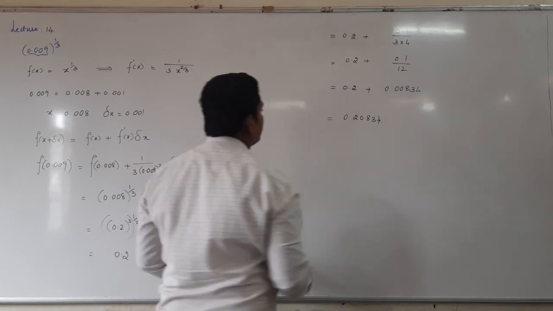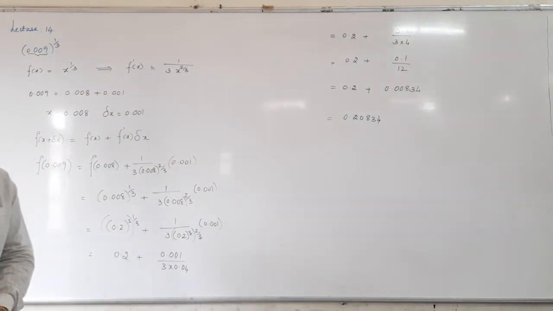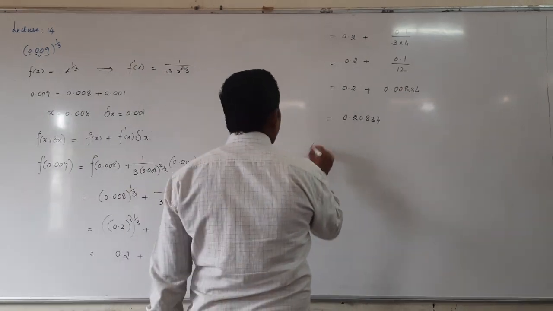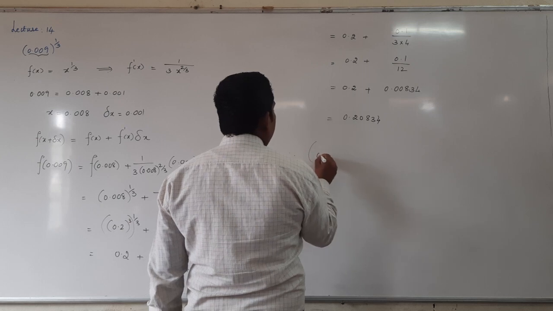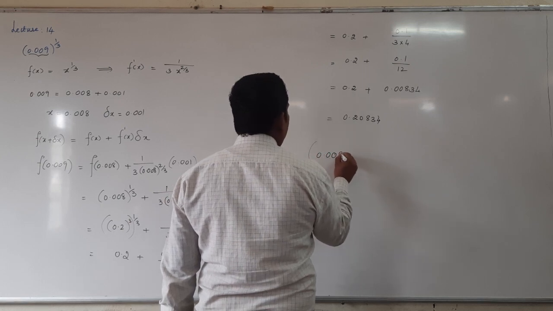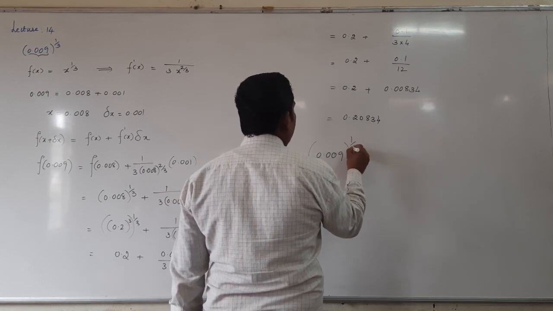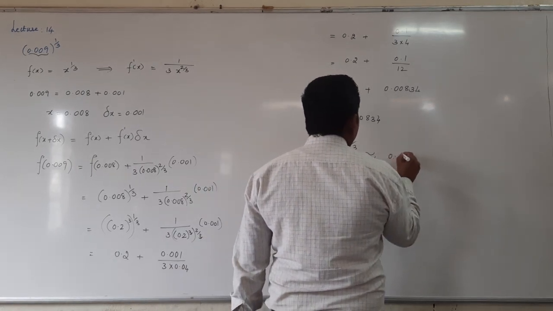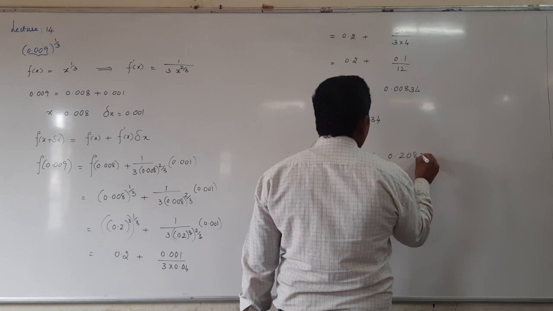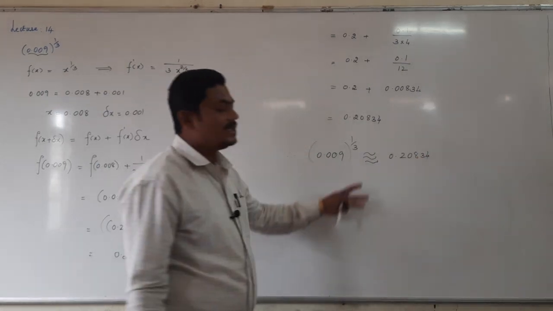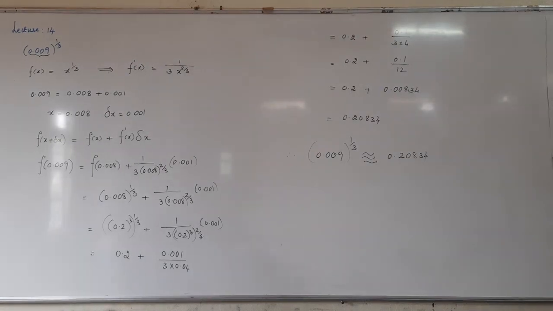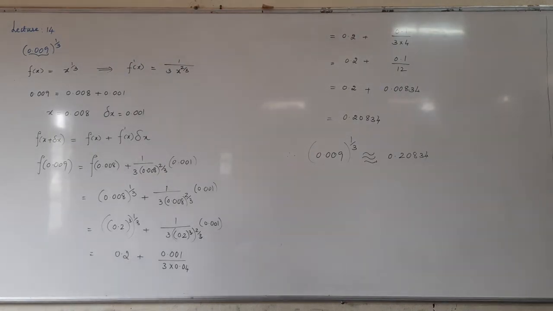This is the approximate value of 0.009 whole thing power 1 by 3. Therefore 0.009 whole thing power 1 by 3 is approximately equal to 0.20834, right? This is the approximate value of 0.009 whole thing power 1 by 3.